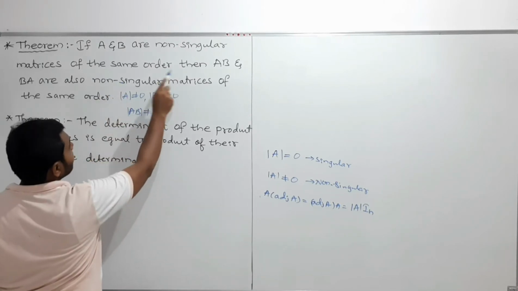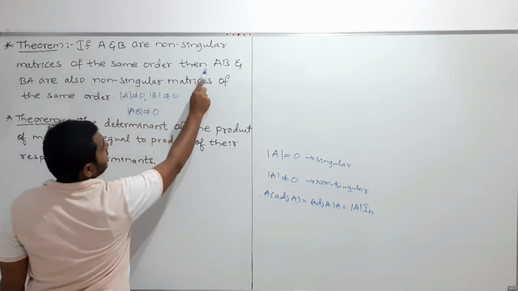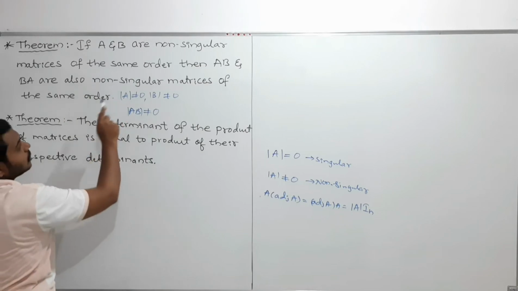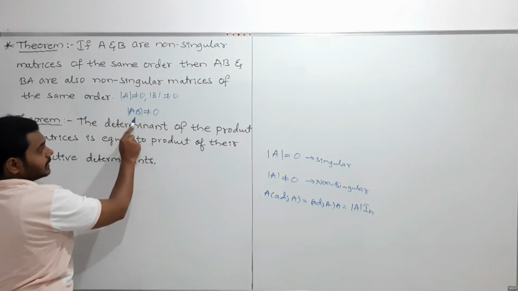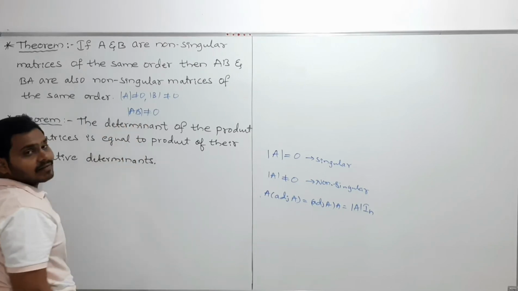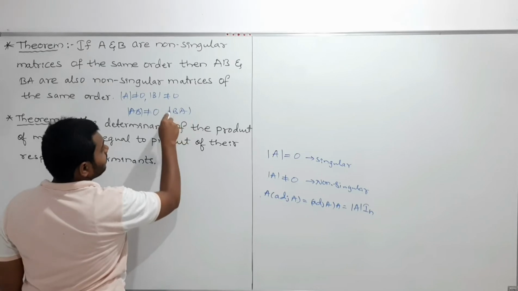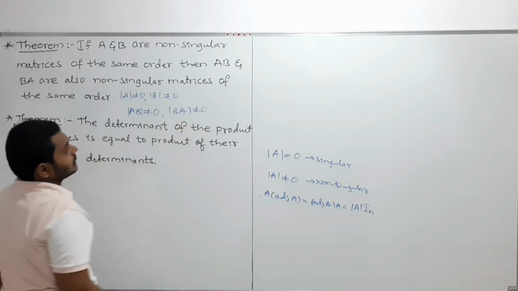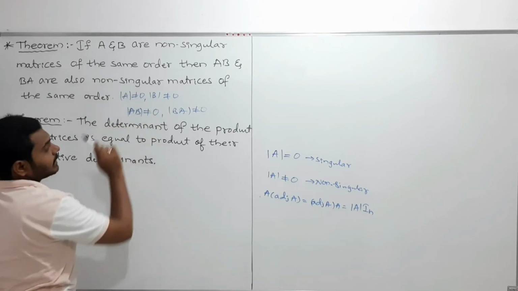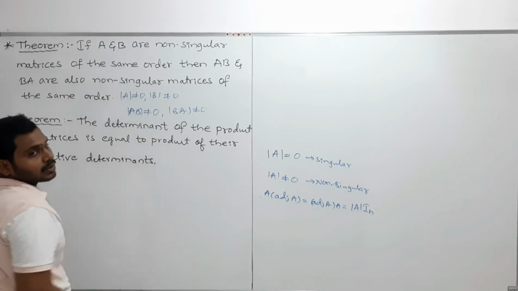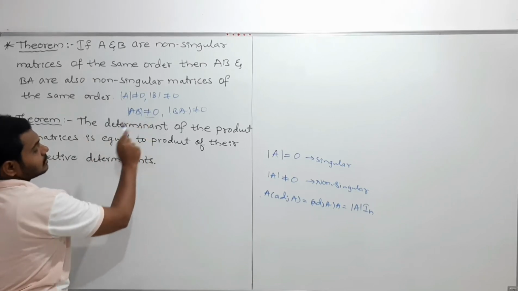If A and B are non-singular matrices of the same order, then AB and BA are also non-singular. If you take AB and consider its determinant, the value is not equal to 0, and if you consider BA, that is also non-singular. So very simple: if A and B are non-singular matrices, then the determinant of the product is not equal to 0.